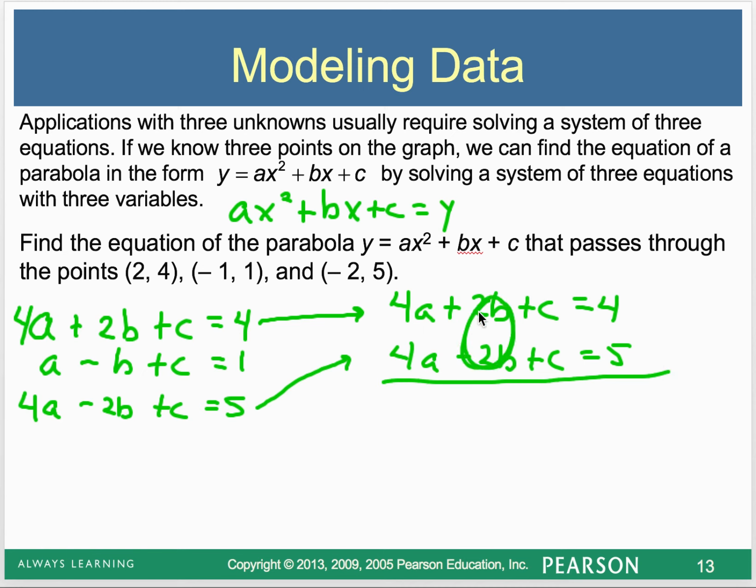Adding them together, the b's get eliminated, and we have 8a plus 2c equals 9. Now I've got to use this one with this one, just because I don't have to change the signs on anything.